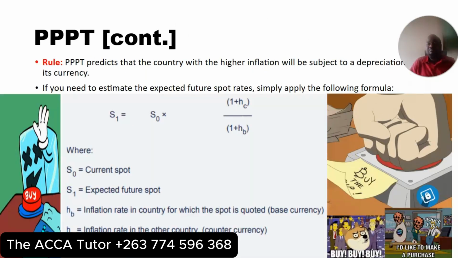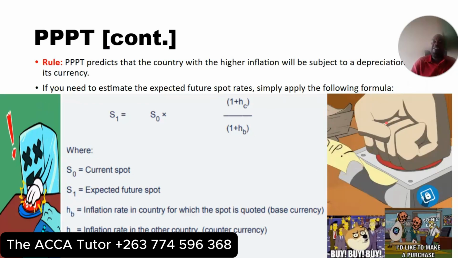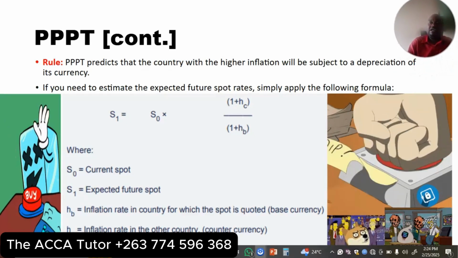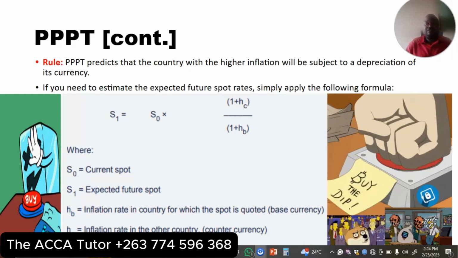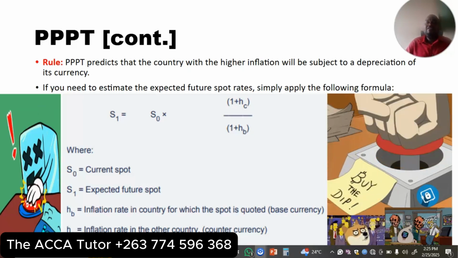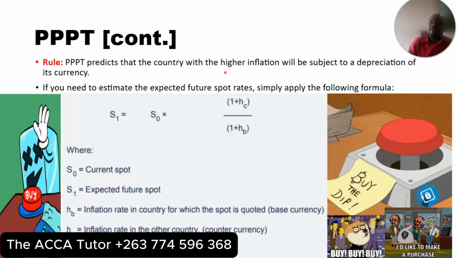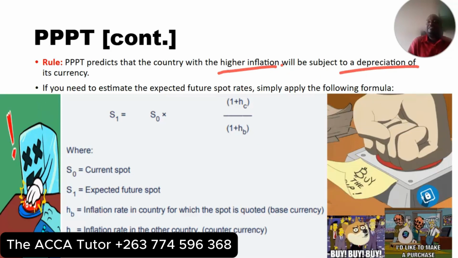All right, so we have talked of predicting future exchange rates. The PPT predicts that the country with the higher inflation will be subject to a depreciation of its currency.